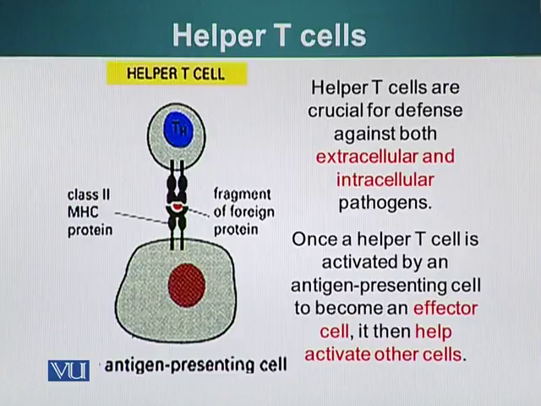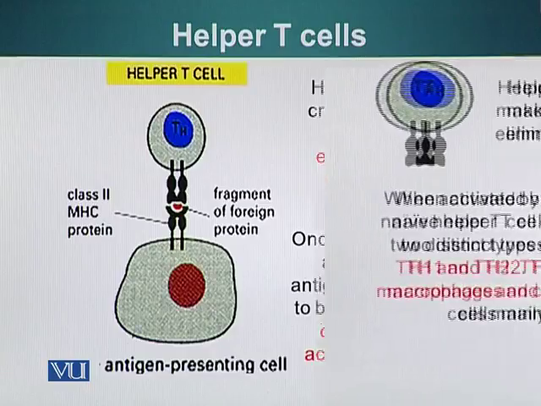Once a helper T cell is activated by an antigen presenting cell to become an effector cell, it can help activate other cells. Just to remind you again, helper T cells interact with peptide fragments in association with class 2 MHC proteins, not class 1 MHC proteins, which are recognized by cytotoxic T cells.